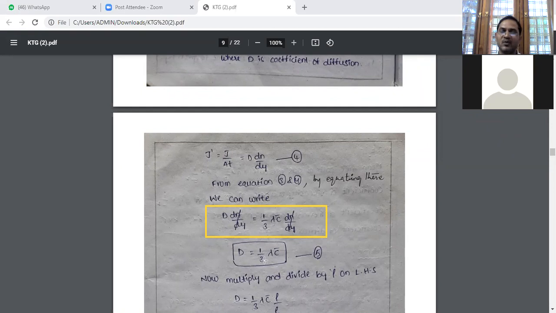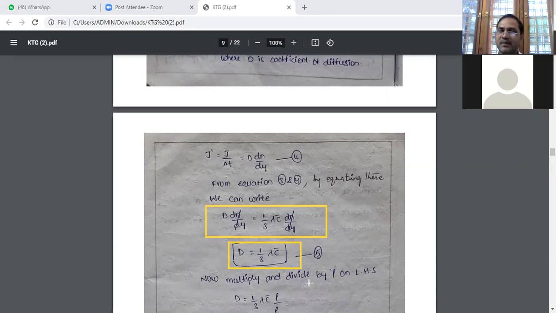Capital D equals 1/3 lambda C bar. So this is the required expression for the coefficient of diffusion. The coefficient of diffusion of the gas, capital D, is equal to 1/3 lambda C bar. You should know each symbol in the expression. So what is lambda there? Lambda is the mean free path.